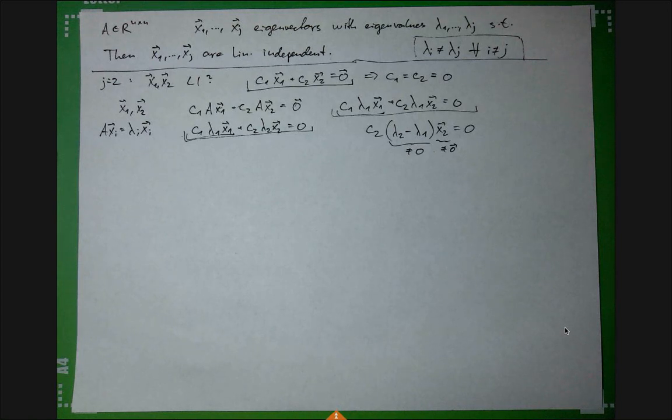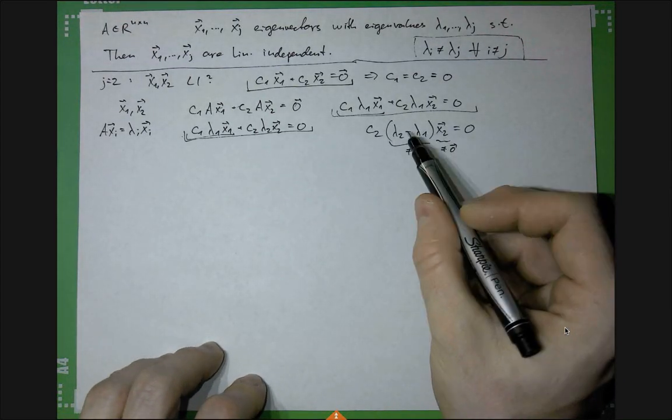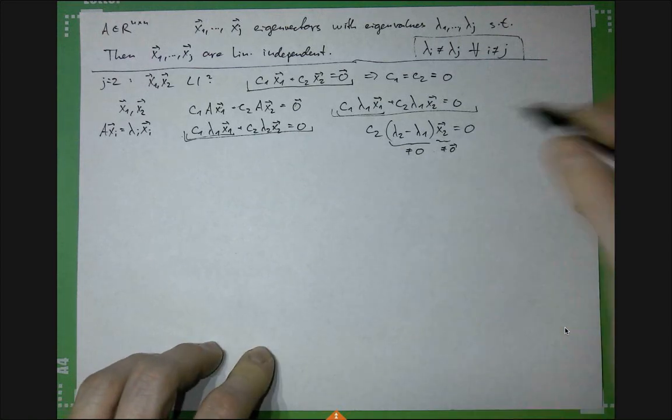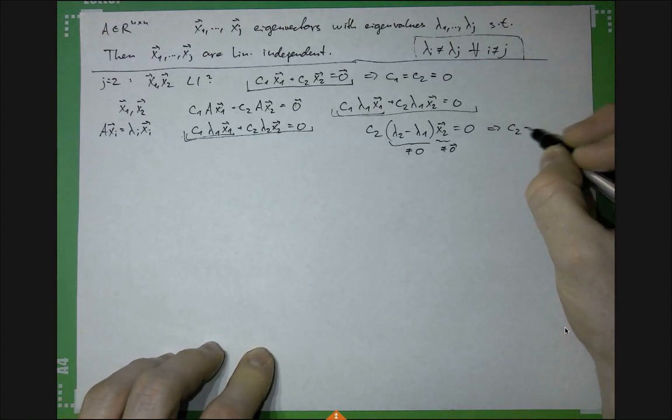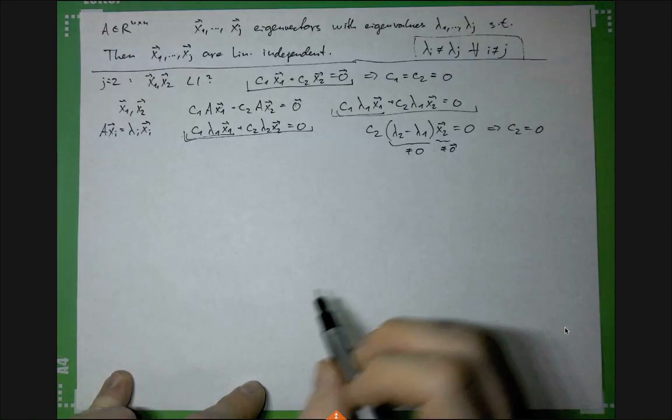Because it's an eigenvector, and eigenvectors by definition cannot be 0 vectors. So this is non-zero, this is non-zero. This can only be true if C2 is 0. So this gives me that C2 must be 0.